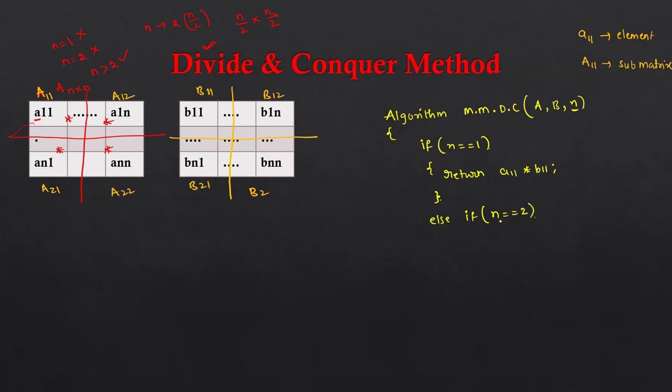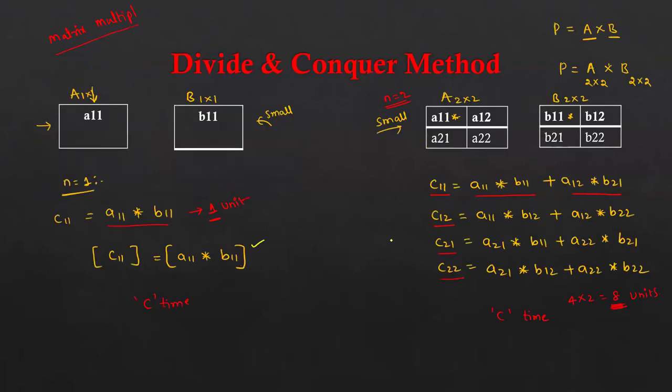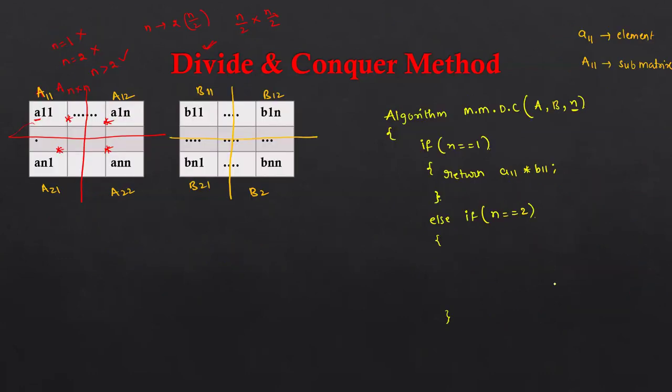So if the size of the matrix equals 2, then what can I do? What are the multiplications I have written here? Everything you need to copy at this place: C11, C12, C21, C22. So this equation you need to rewrite at this place.